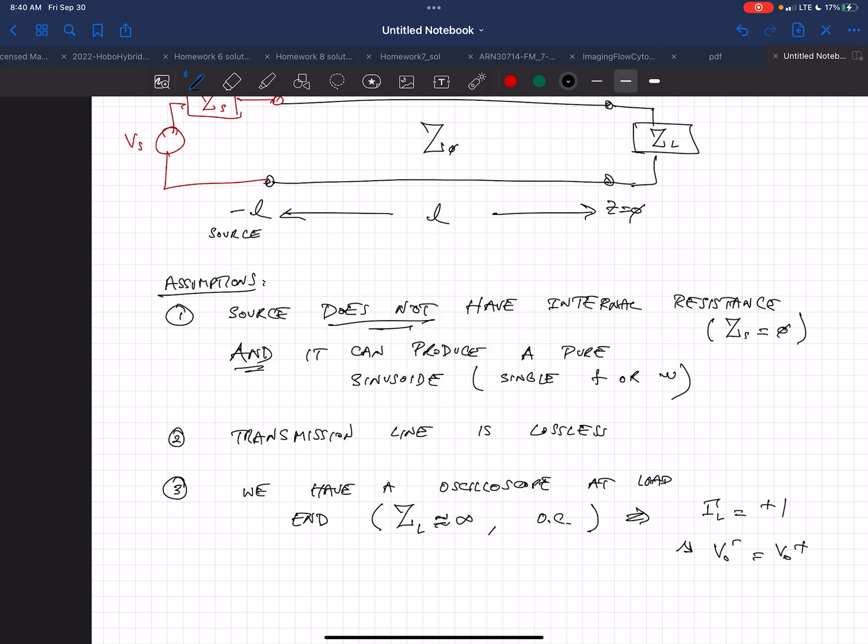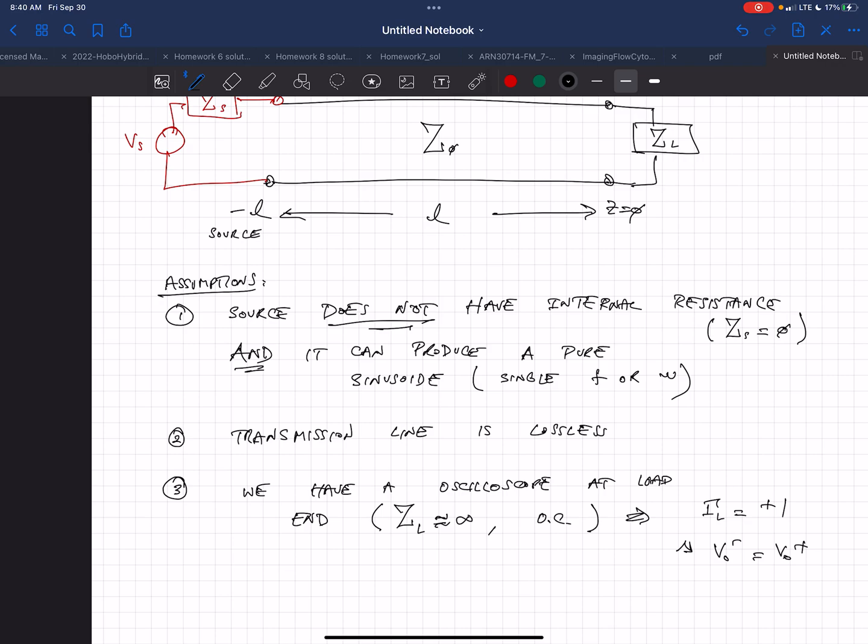The open circuit case, where Z sub L is about infinity, gives a reflection coefficient of +1. The short circuit case, where Z sub L is equal to 0, gives -1.